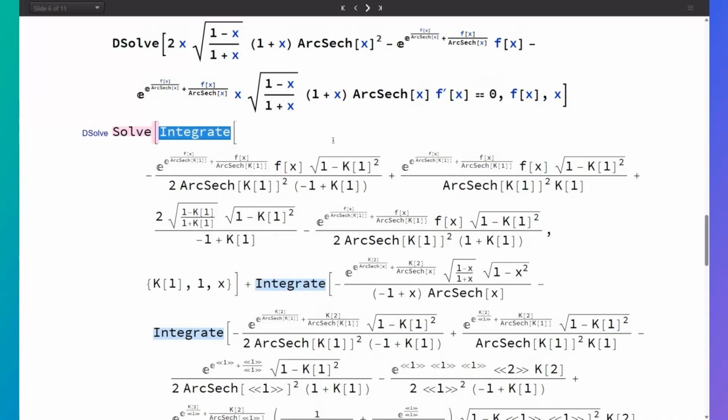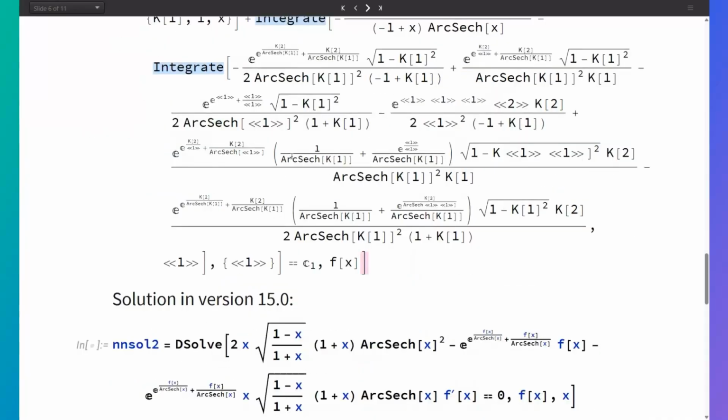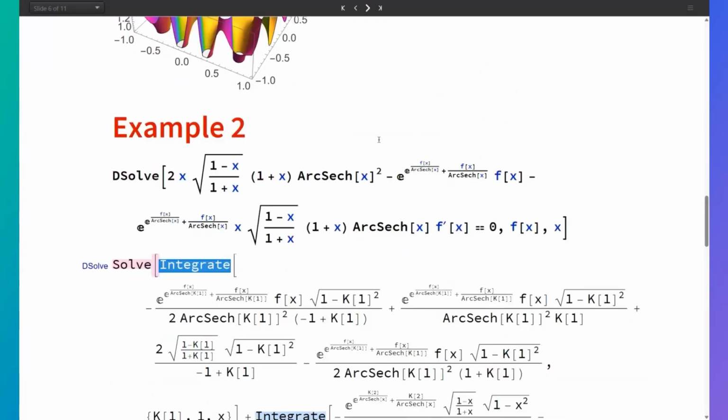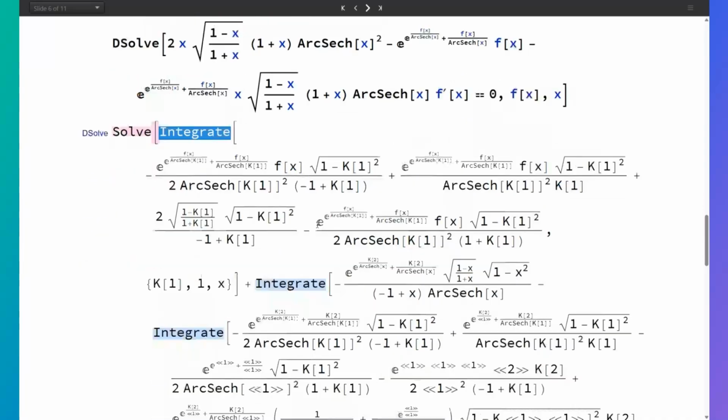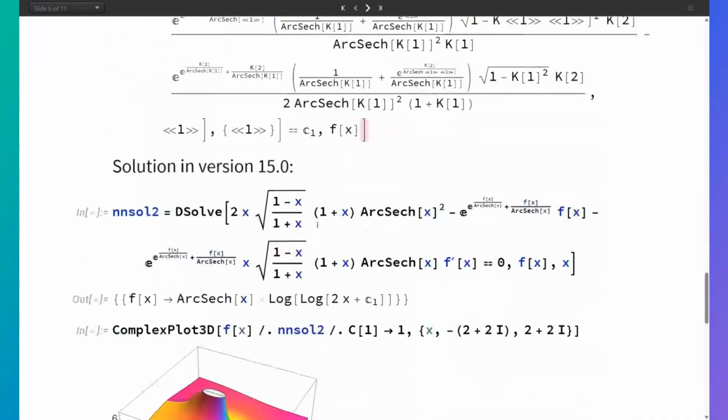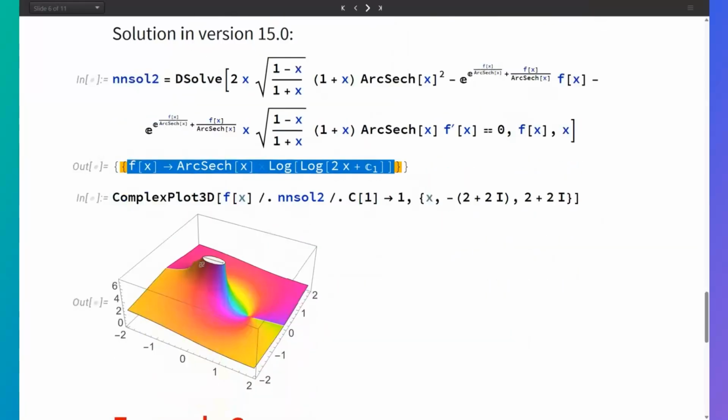So this is really a very bad and almost unusable solution. But surprisingly, for this very complicated nonlinear first-order differential equation, we can find a really simple and nice solution using the neural network method. And again, here is the plot of this solution.